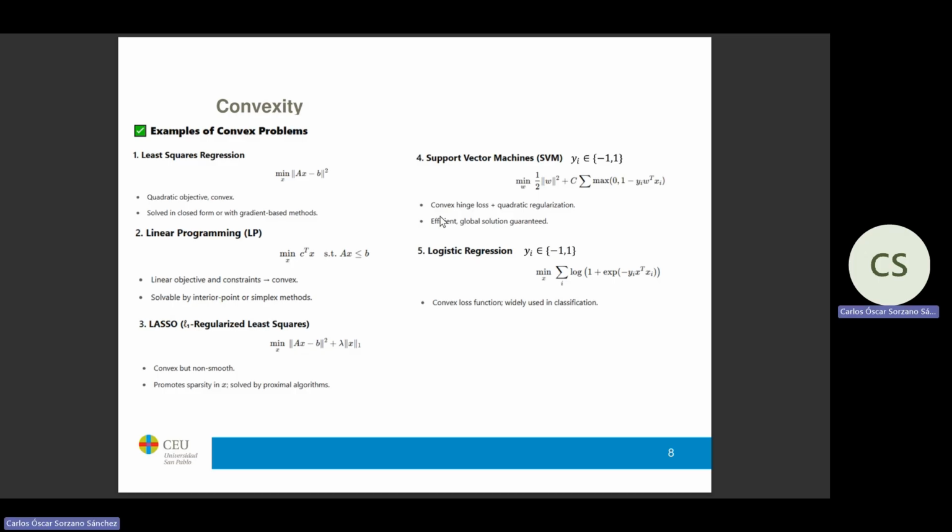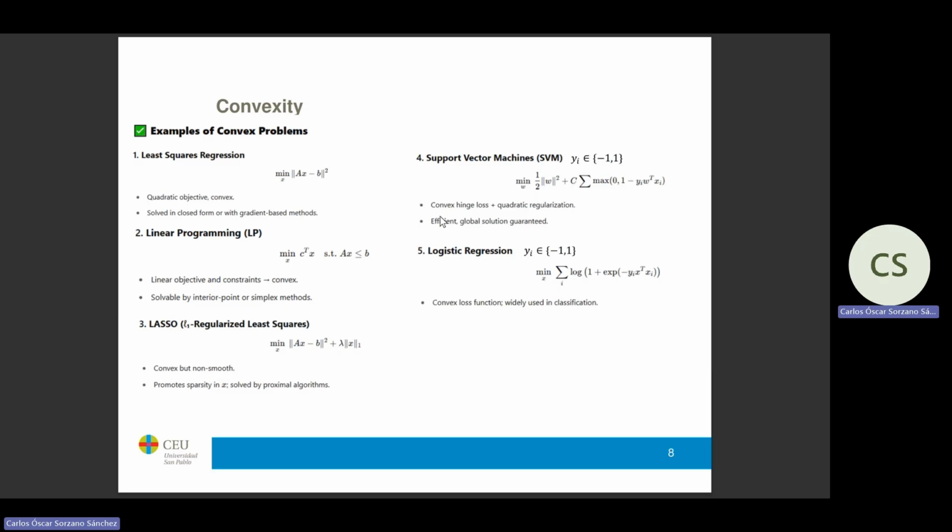It comes from a quadratic function, and typically you either solve it in closed form, so there is an analytical formula that tells you the minimum at once without any iteration, as we saw at the beginning of the course, or you use some gradient-based methods that we will study in this lecture to solve it.